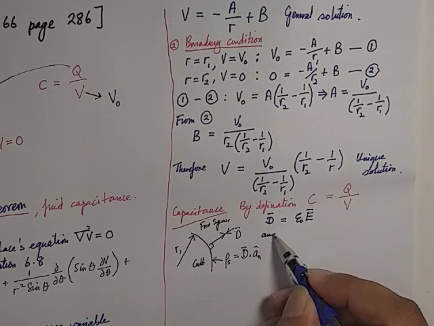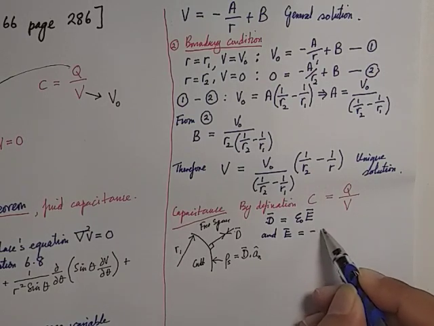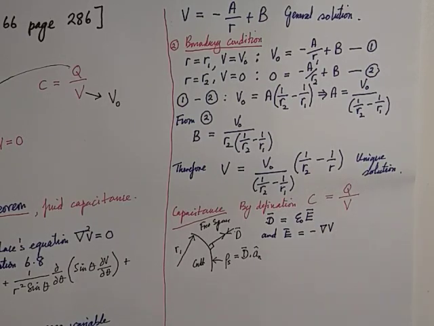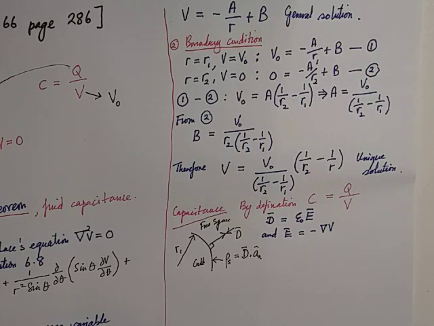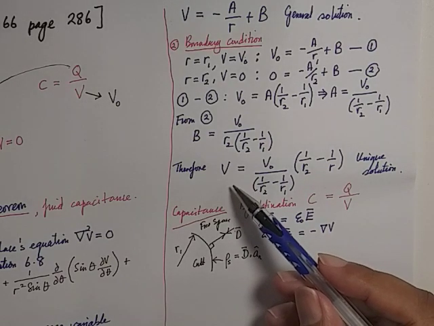Then I know that E is equal to negative grad of V. That's a standard relationship we use to find electric field from the potential. And the V should be taken from the solution that we obtained up here.